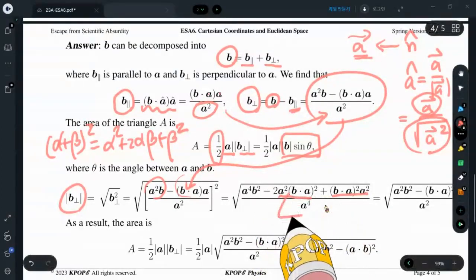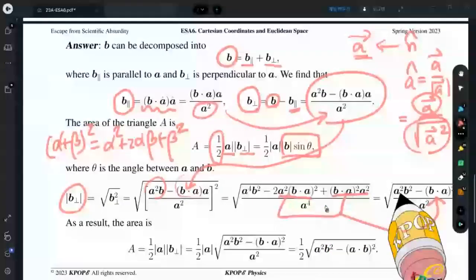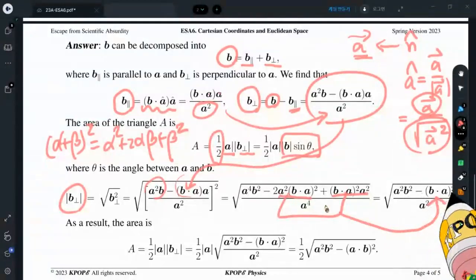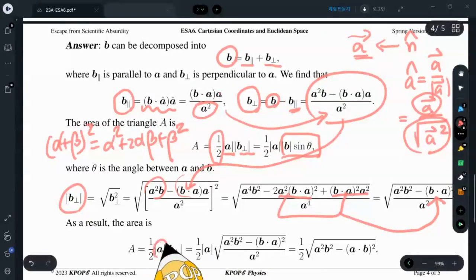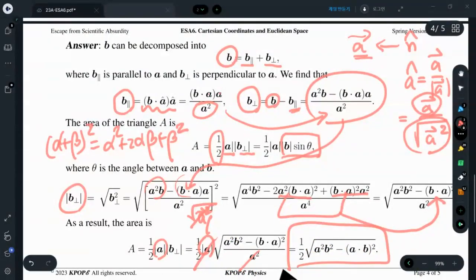So this can be simplified. Now I find it is A squared B squared minus (A dot B) squared. We have the magnitude, this base A in here, which is the square root of A squared. They cancel. So finally, we obtain this.